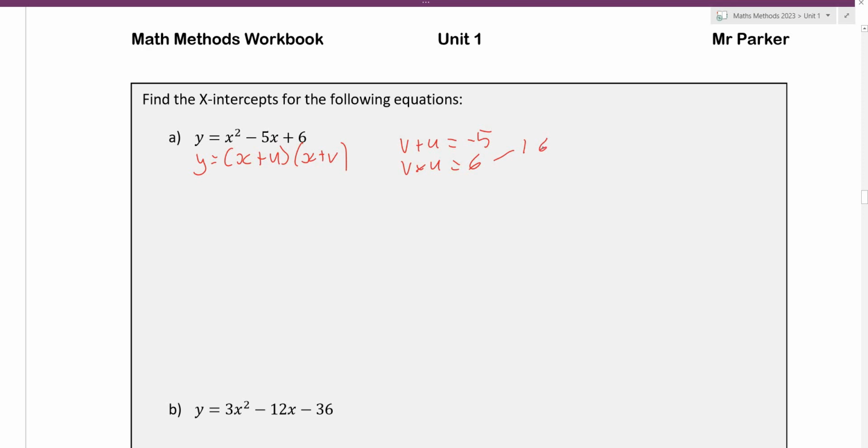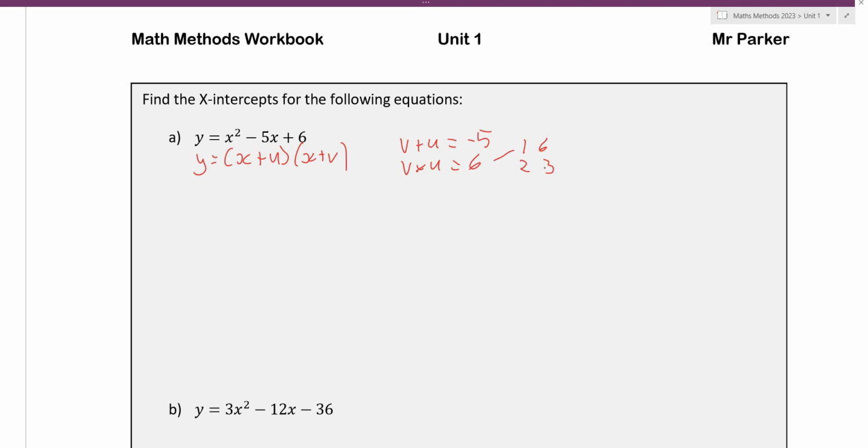We have 1 and 6. They add to 7. We have 2 and 3. They add to 5. This is an issue because neither of those factor pairs add to -5. So am I missing any factors of 6? Yeah, because a negative times a negative is still a positive.